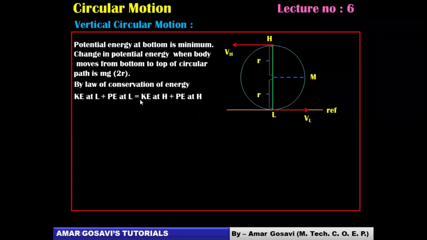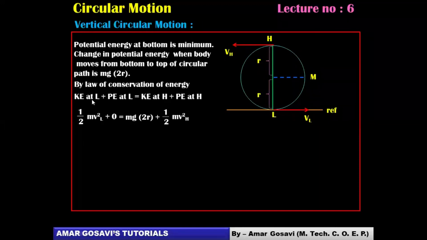This is the equation where I am comparing two points, lowest and highest point. Now I'll be putting the values in these equations correspondingly. Be careful about what we are doing here.